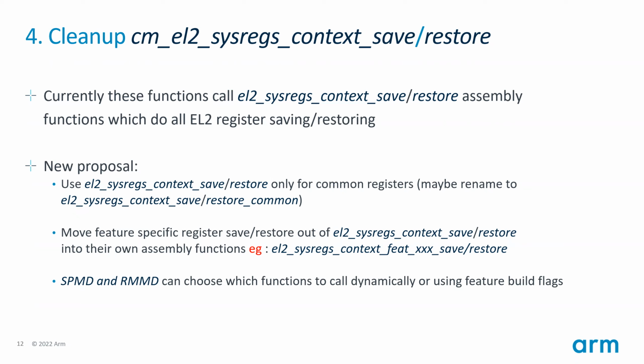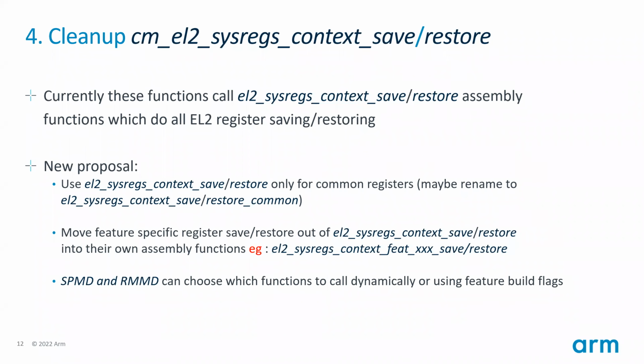And now, with dispatching individual little save and restore functions per architectural feature within the dispatchers, I wonder if there could be some kind of asymmetry where the non-secure expects some set of features to be saved, where the dispatcher in one or the other of SPMD and RMMD becomes asymmetric.